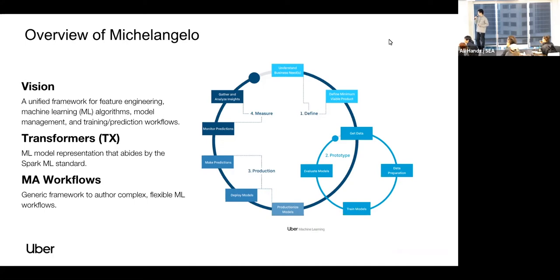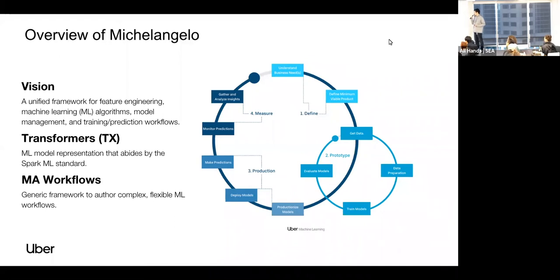Toward this goal, we kept building common tools to automate the whole process and make it easier, reducing the learning curve for data scientists, researchers, and software engineers. We are thinking about how to make the machine learning model representation as standard as possible, and also how to allow people, mostly data scientists, to easily author machine learning workflows to train their models in a faster way. So this is our goal.